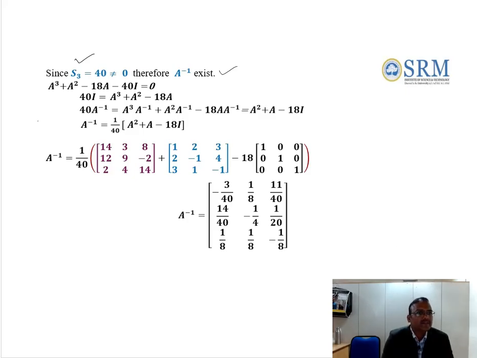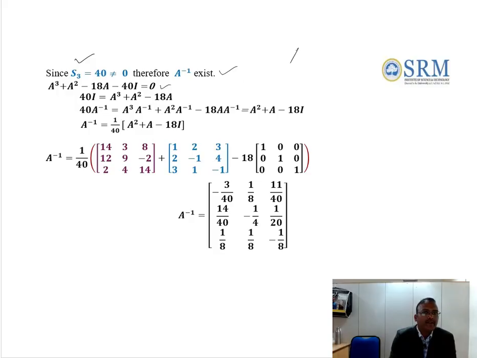Now we have the equation A cube plus A square minus 18A minus 40I equal to 0. Therefore, if we keep 40I on the left hand side and push the rest of the things to the right hand side, we have 40I equal to A cube plus A square minus 18A. If you post-multiply by A inverse, we get 40 A inverse equal to A cube into A power minus 1 plus A square into A inverse minus 18A into A inverse, right?